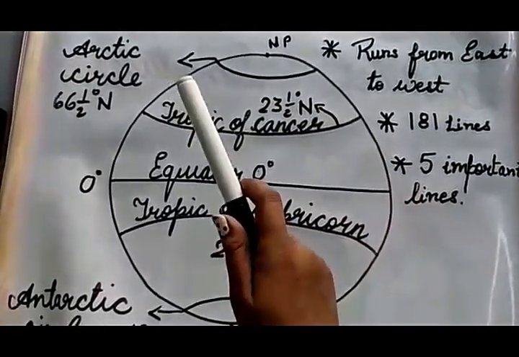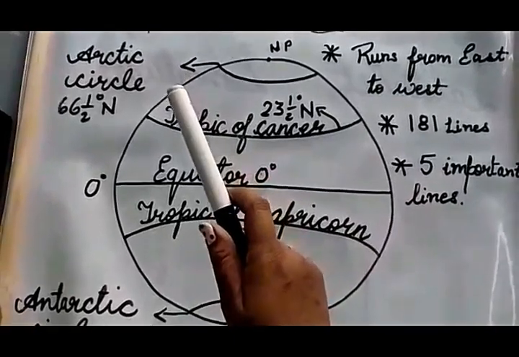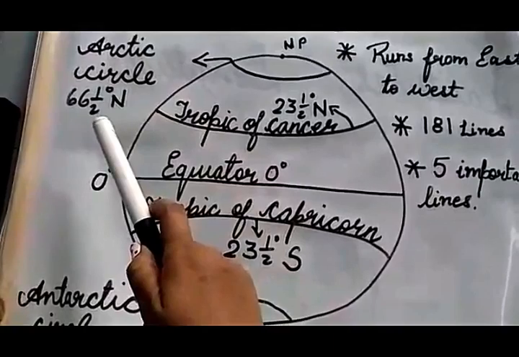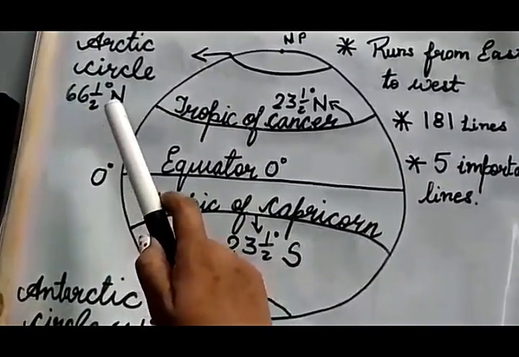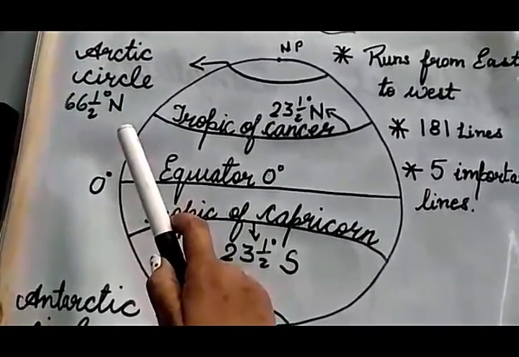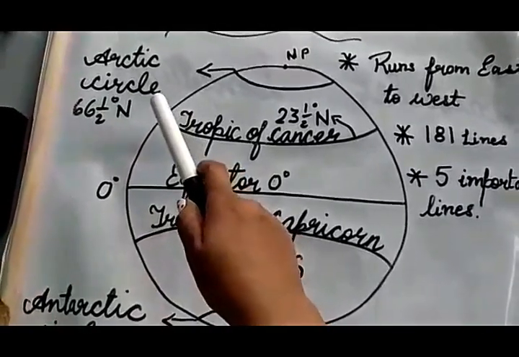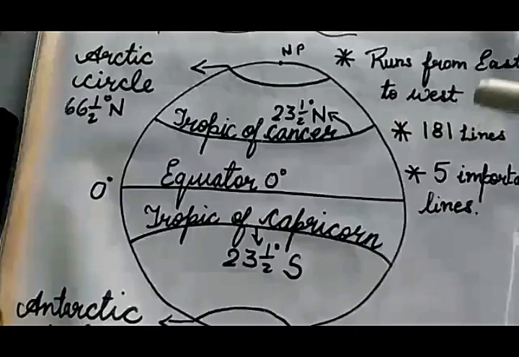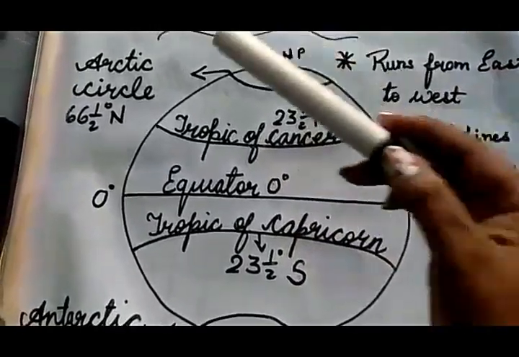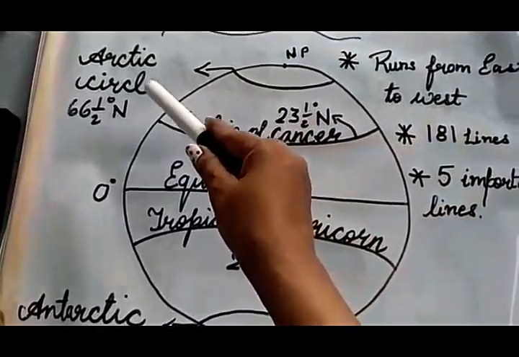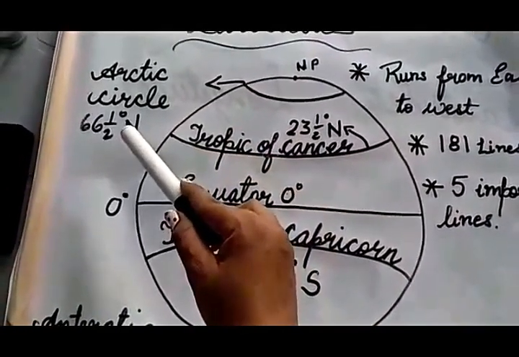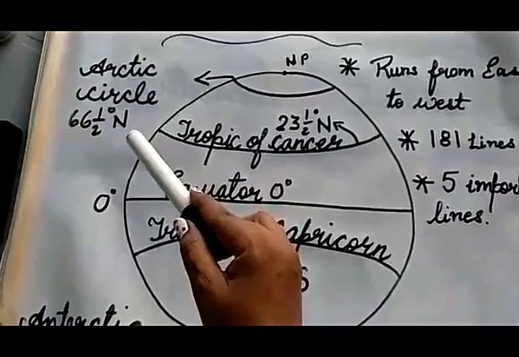The fourth important line of latitude is the Arctic Circle, which is denoted as 66.5 degree north. It is said to be a circle because all the latitude lines are a complete circle around the globe. That's why it is called the Arctic Circle, denoted with 66.5 degree north.